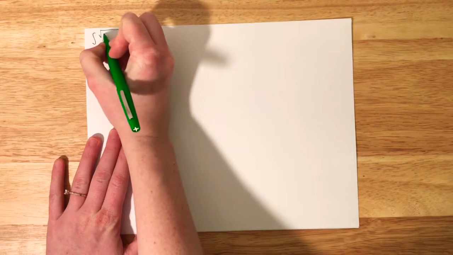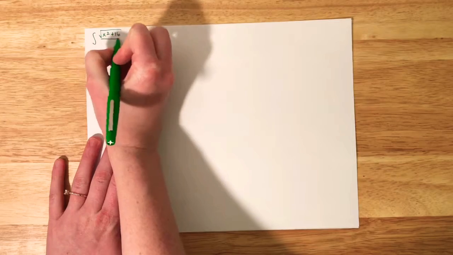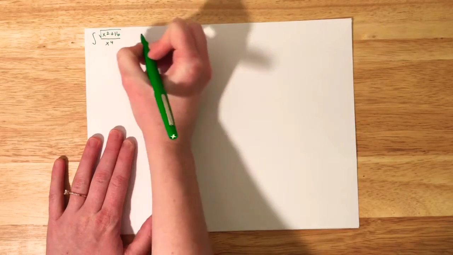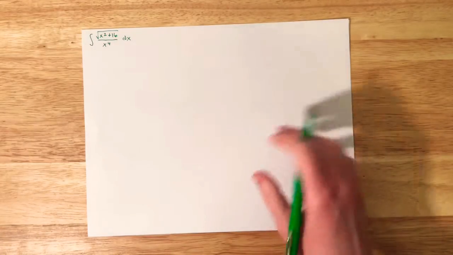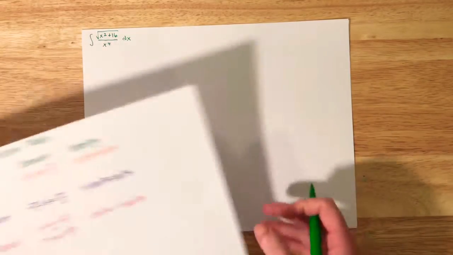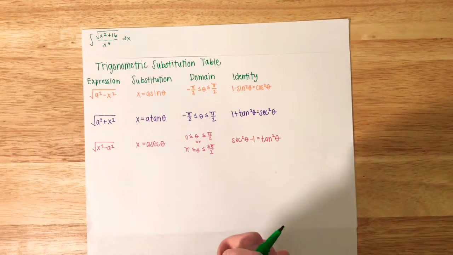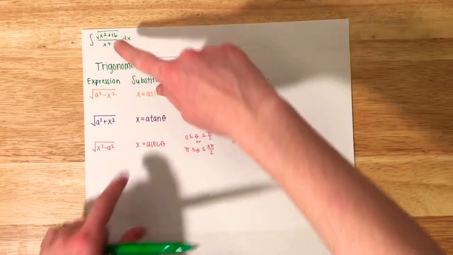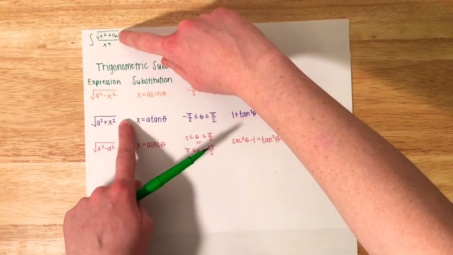All right, so say we're given the indefinite integral of the square root of x squared plus 16 over x to the fourth dx. So what we'll want to do is look back at this trig sub table. This expression is this same expression here.